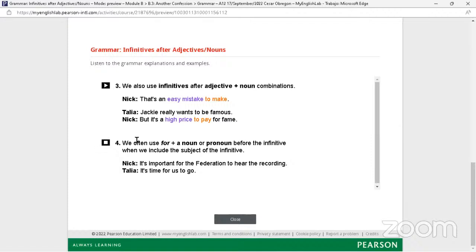We often use for plus a noun or pronoun before the infinitive when we include the subject of the infinitive. It's important for the Federation to hear the recording. It's time for us to go.